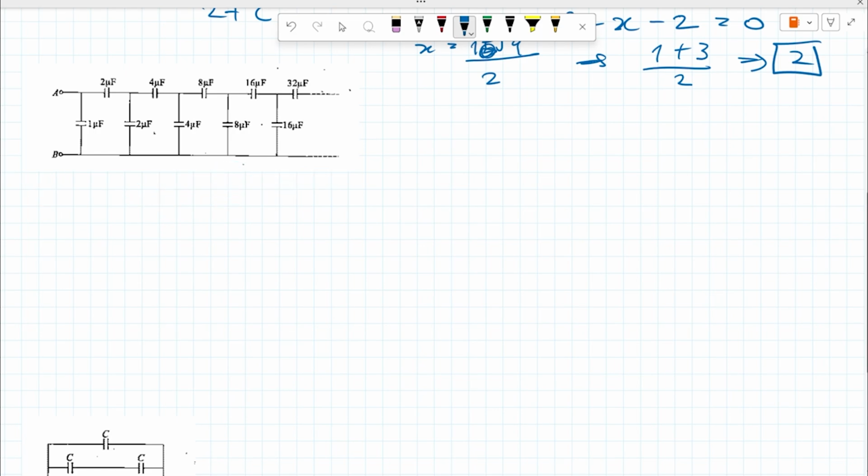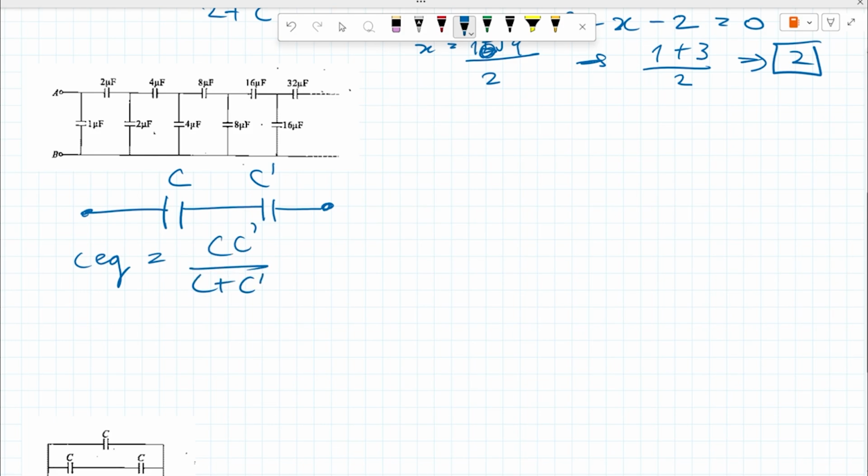So first what we can do is we can take up an example where this is C, this is C dash, and so the C equivalent is equal to CC dash upon C plus C dash.